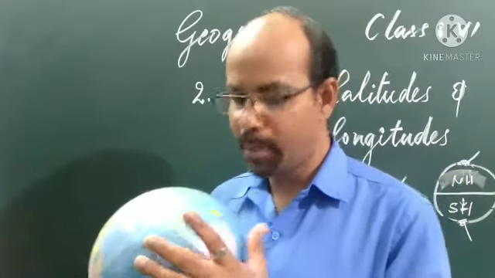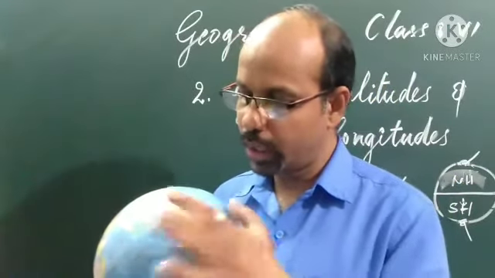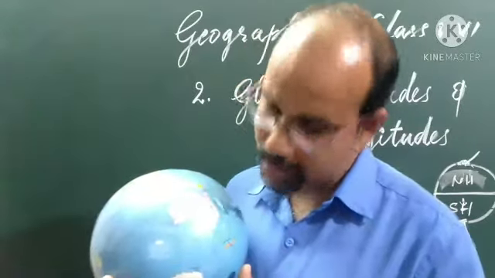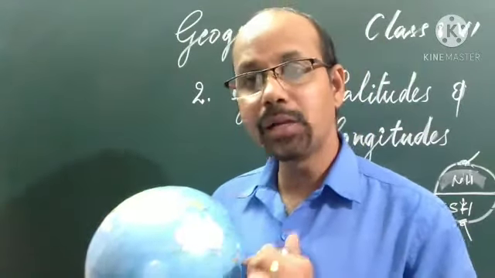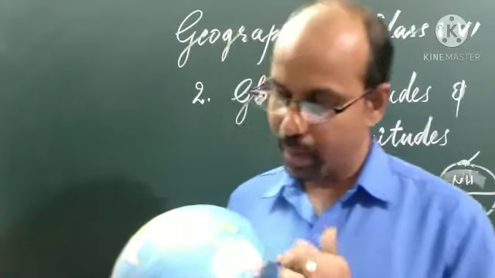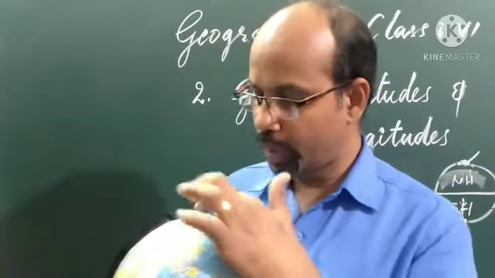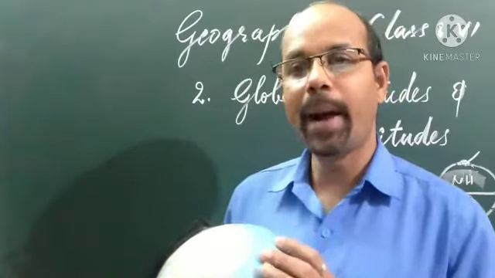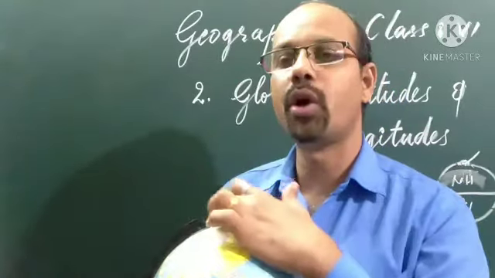Okay, so there are many other lines also, not only the equator. There are many other lines from the equator to the south pole, parallel to the equator. They are also parallel to the equator. Now we can find that in the northern hemisphere also many lines are marked parallel to the equator up to the north pole.